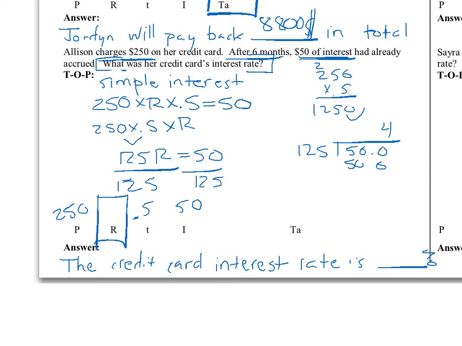Actually gives me 500 even. Decimal pops straight up. R is equal to 0.4. Move the decimal 1, 2 times, that is 40%. Questions about that?